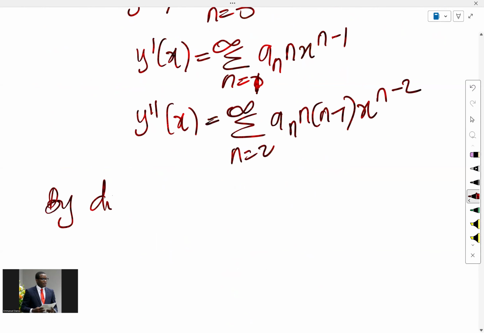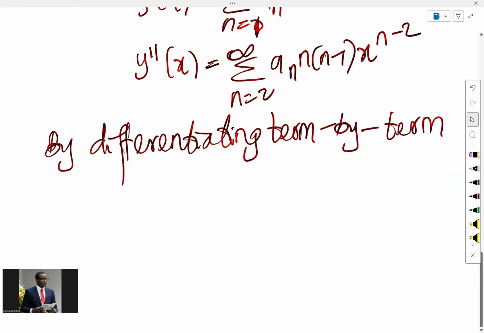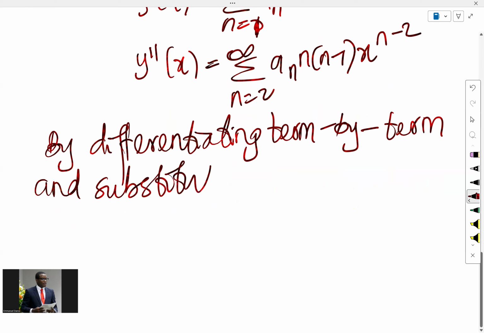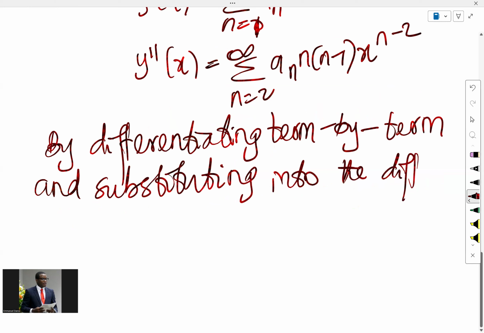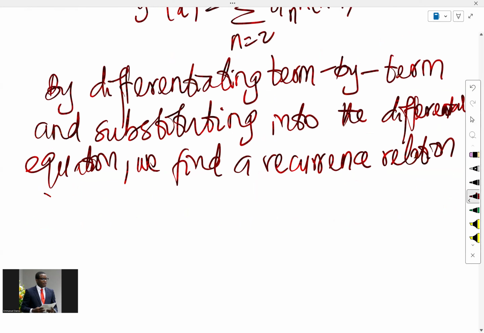So by differentiating term by term, which we saw in the previous video, and substituting into the differential equation, we find a recurrence relation for the coefficients.